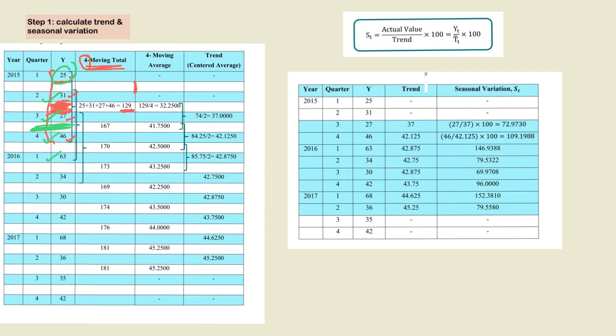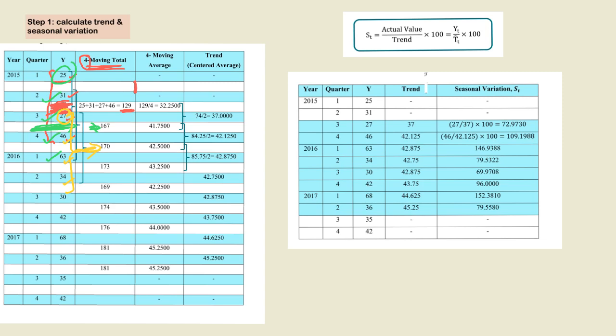The middle value should be here between quarter 3 and quarter 4. And then for the next number, it is also the same. We need to proceed with the next one, starting from 27, 46, 63 and 34. You need to make sure that everything equals 4. So the fourth, you total up. This is the value we have here. And then when do you need to stop?